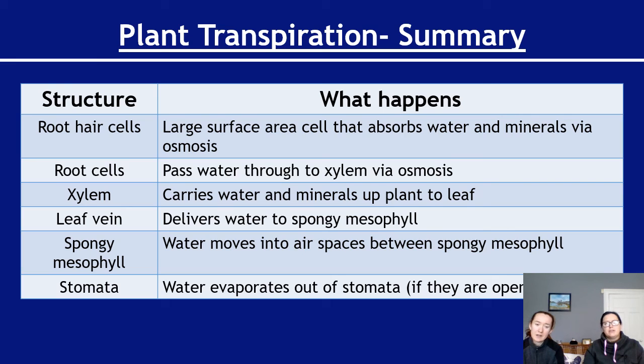The leaf vein delivers water to the spongy mesophyll. The water moves into the air spaces between the spongy mesophyll cells. And at the stomata, that little gap, is where the water evaporates out. Now, if you had a 5-mark question on transpiration and you wrote this, you'd probably be fine because it's in the right order and it's just saying the basic roles of all the things.